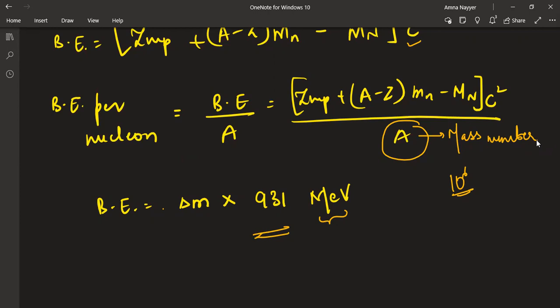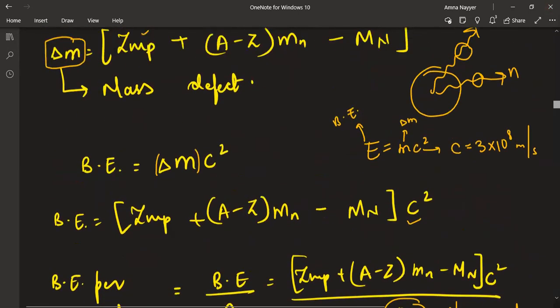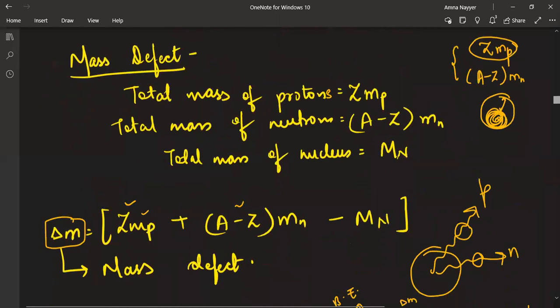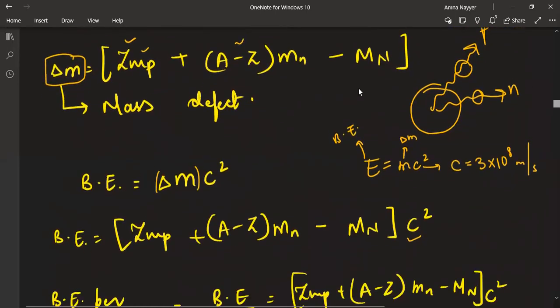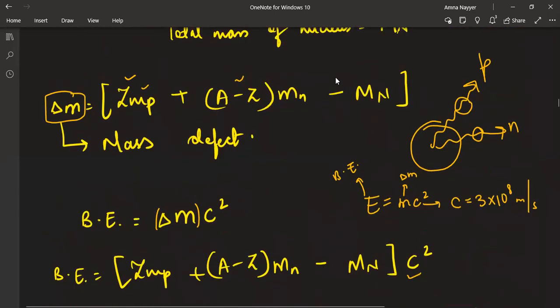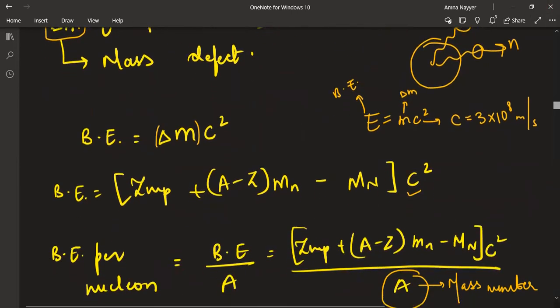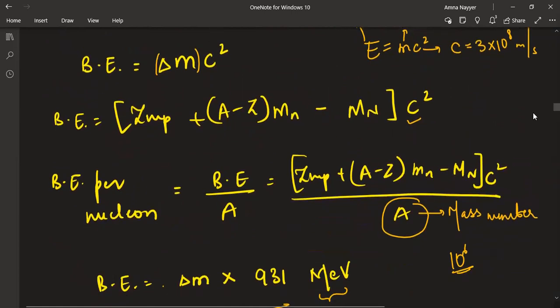So I'm again repeating, we'll see a question on this. This is also an important topic. Mass defect is basically the difference between the total mass of nucleons and the mass of the nucleus. So ZMP plus (A minus Z)MN minus the nuclear mass. Then binding energy is required to break up the nucleus into its constituent nucleons.